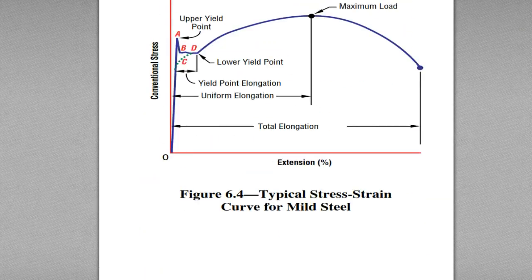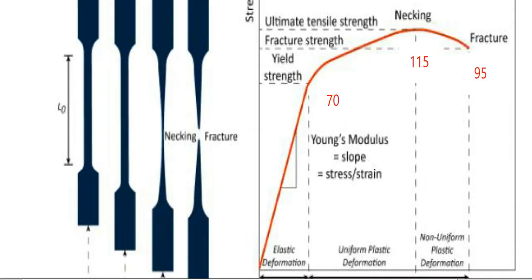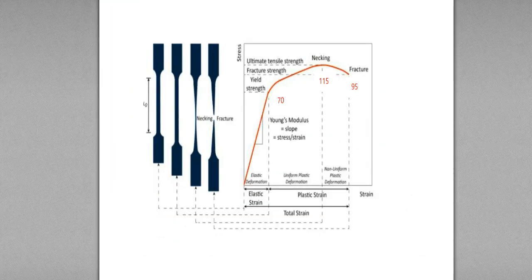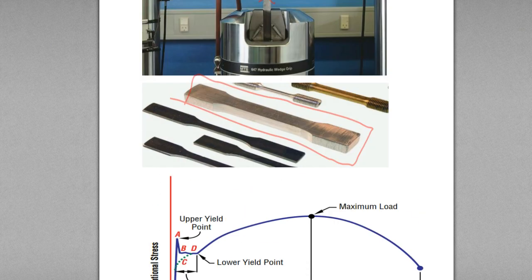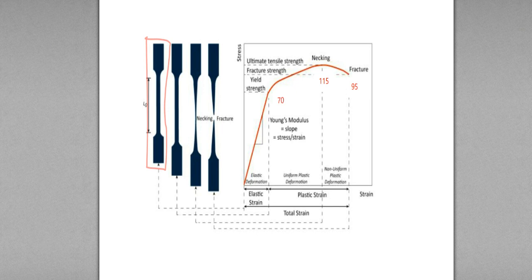With the reduced section tensile specimen, you apply tensile load upward and downward, and the specimen becomes thinner and thinner, and finally necking and fracture.